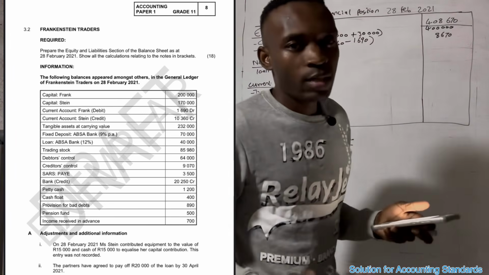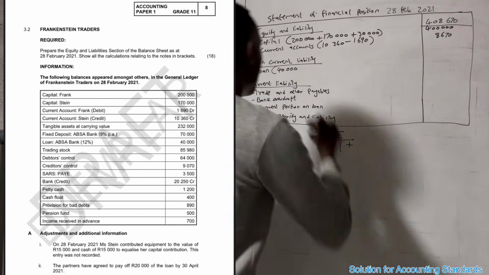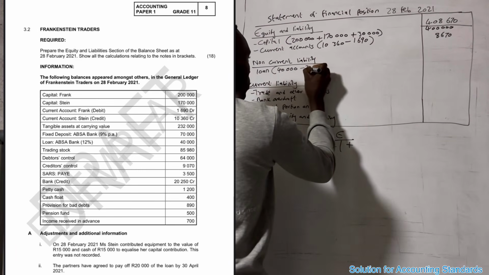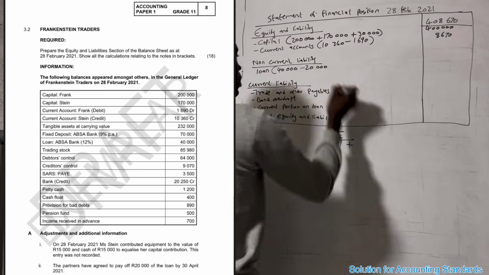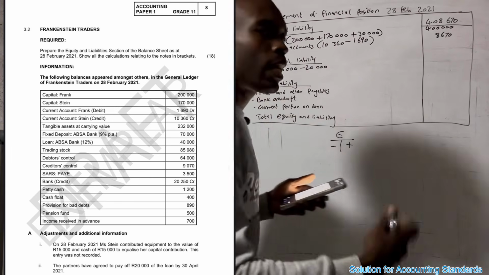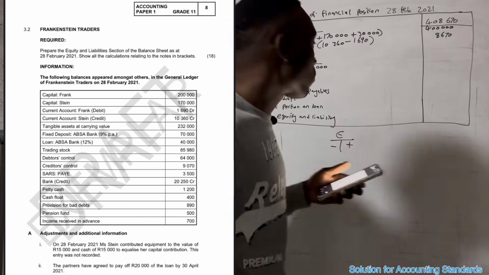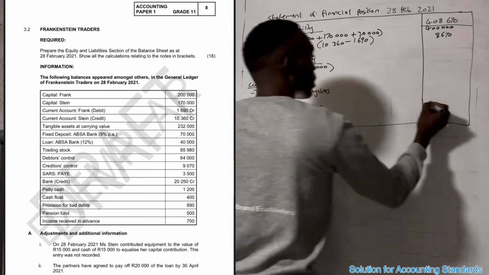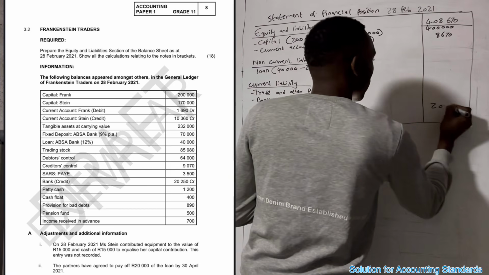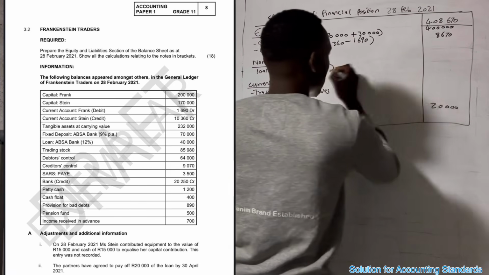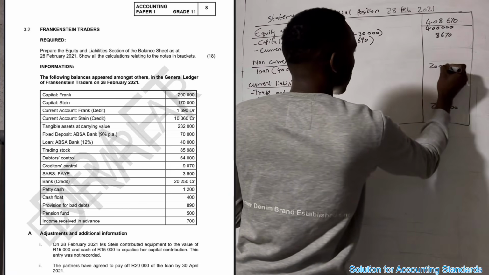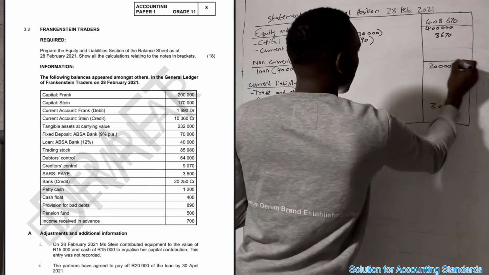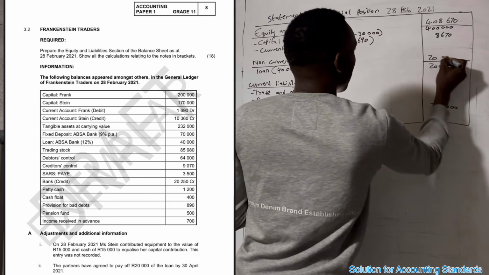That simply means that the loan is going to be reduced by 20,000. But this 20,000 is not yet paid. It's still a current portion. It's going to be paid within 12 months, which means we have to record it under current portion of loan, 20,000. So here we're left with 20,000 and our total non-current is going to be 20,000.